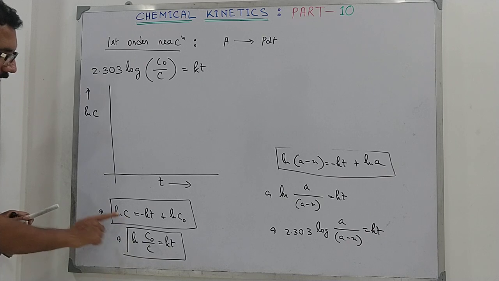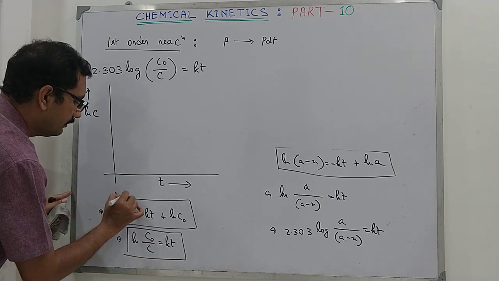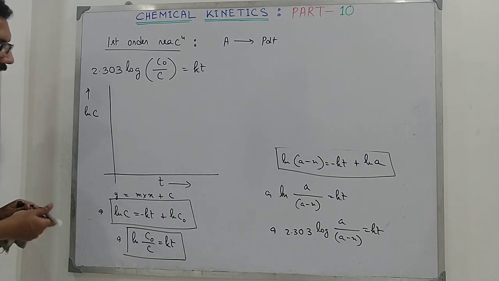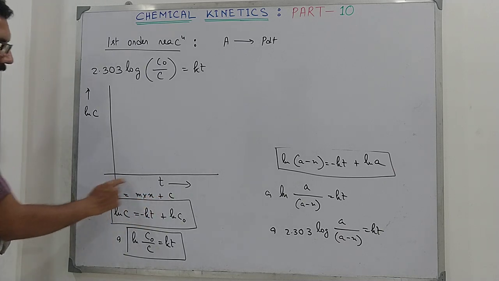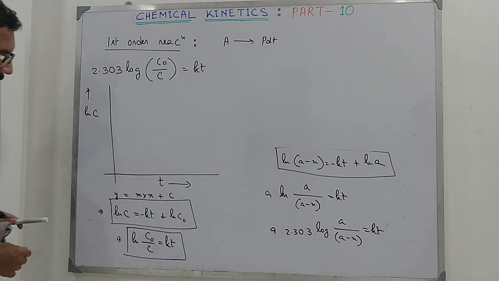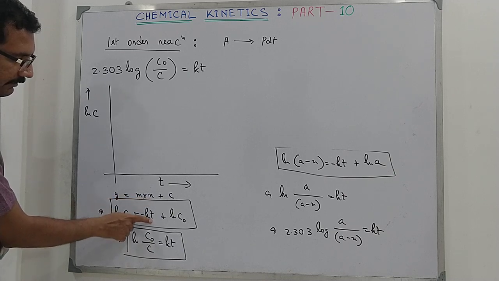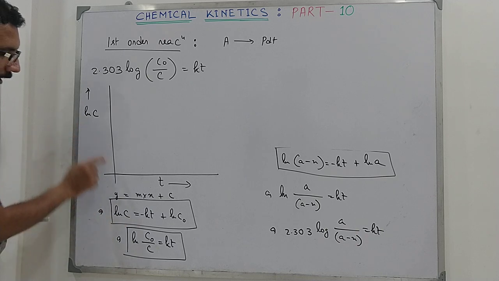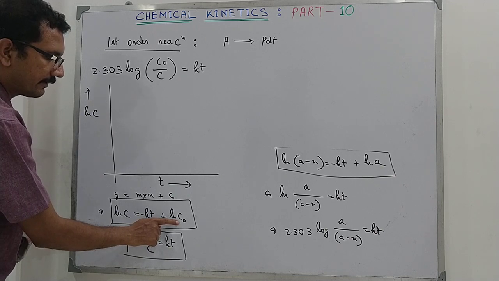Now you can see that this equation is actually resembling the equation of a straight line. Here C is the intercept, not the concentration. It is the equation of a straight line. So you can see that this x is t here, and this y is ln C, and the slope is given by minus k, and this is the intercept.